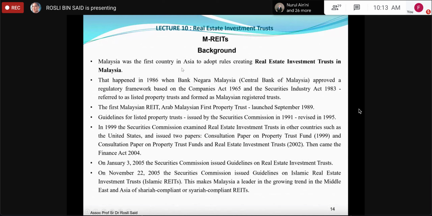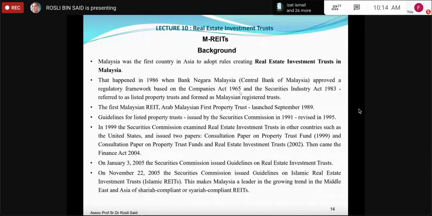Malaysia was the first country in Asia to adopt rules creating real estate investment trusts. That happened in 1986 when Bank Negara Malaysia, or the Central Bank of Malaysia, approved a regulatory framework based on the Companies Act 1965. So the Companies Act 1965 is the act that controls the operations of corporations.